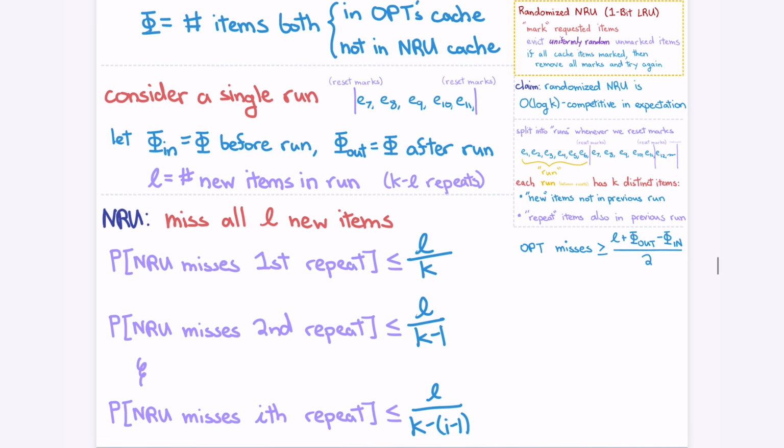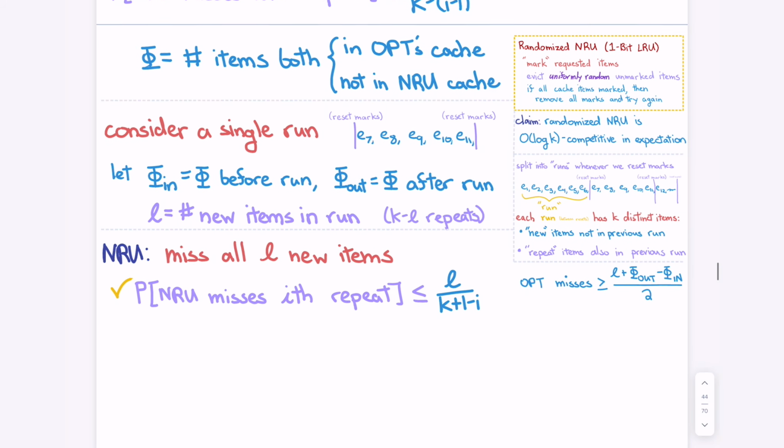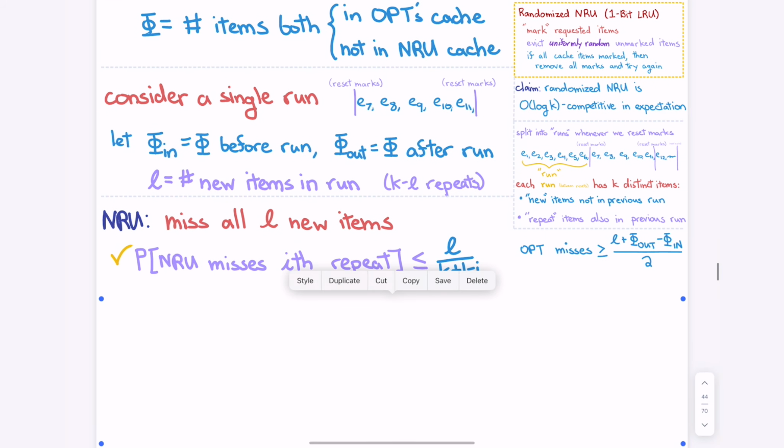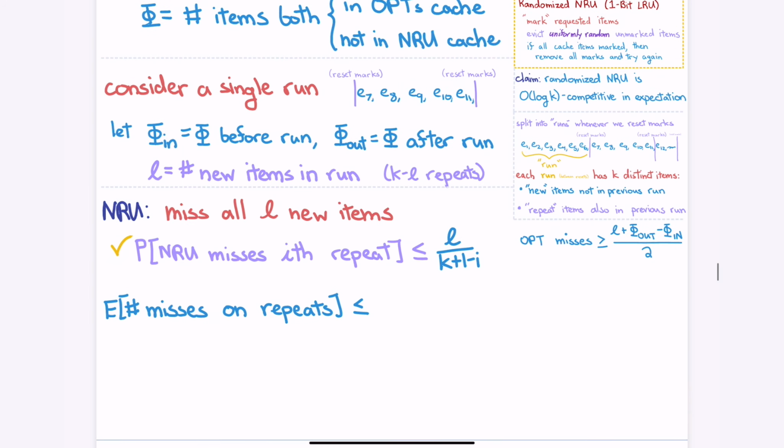Okay, good. So when you start looking at this kind of thing, how many misses do I expect on the repeats?